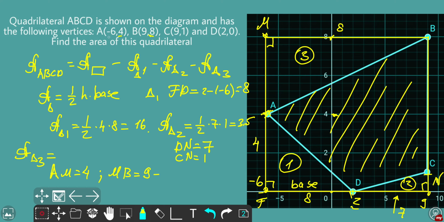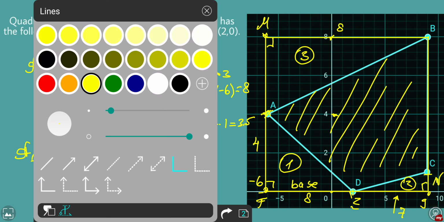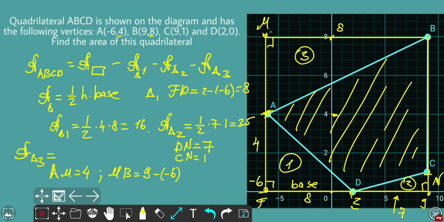And we take away -6, that's the x coordinate for A. So simply we're trying to measure that distance right now. Okay, and we work it out and we're saying that this is 15. So we multiply 1 over 2 times 4 and times 15. That's why finally we'll get 30.